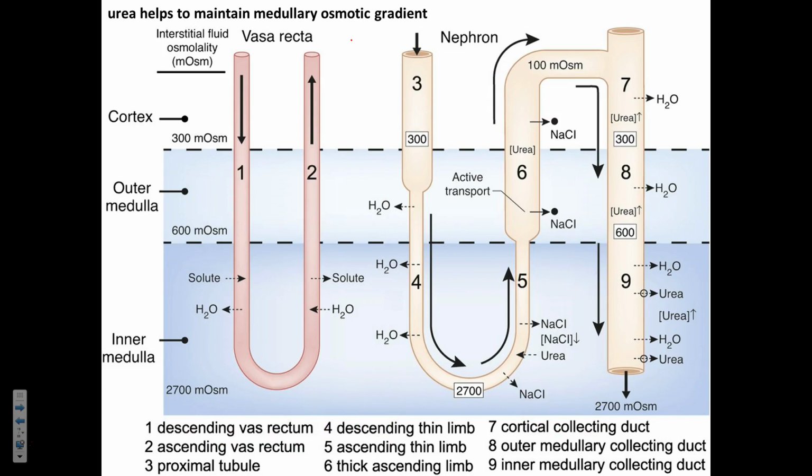Now, what is the role of urea? It turns out that urea is necessary to maintain that gradient, because I actually never mentioned what forms this gradient in the kidneys. When we talked about osmolality, let me ask you again, what is osmolality? It's a number of particles.